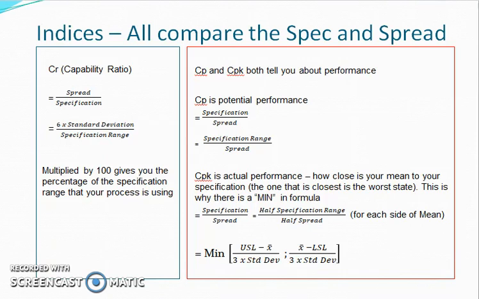So we select only one, and we select the one that's the smallest, and that is our actual performance. The rule for CPK, just like CP, is 1 and above. So if the process has a CPK value of 1 or more than 1, then the process is actually performing.